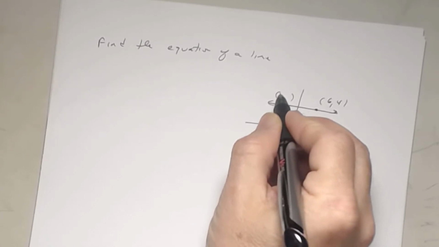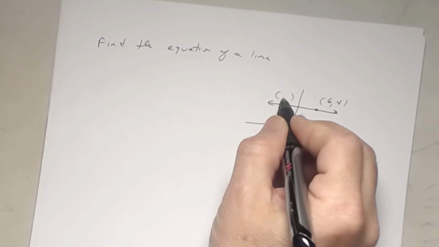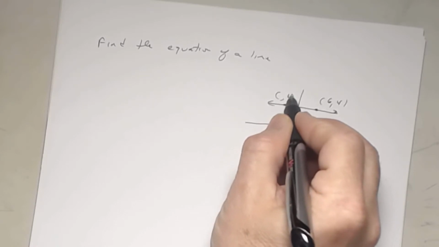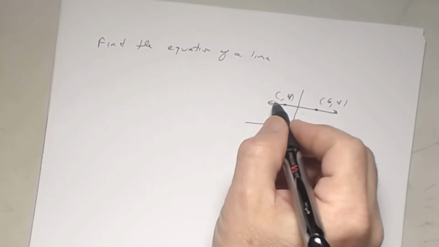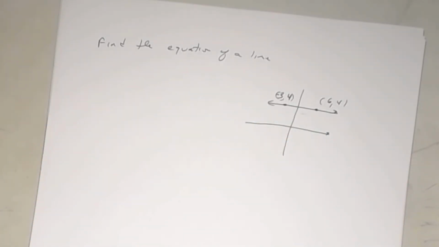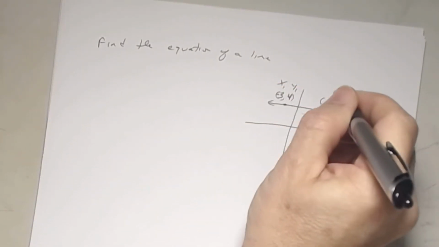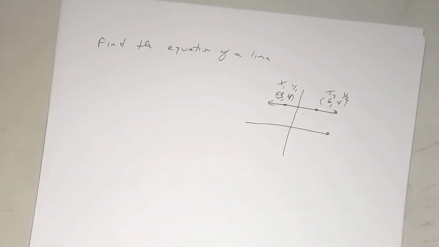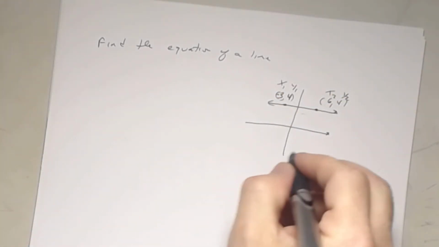The y coordinate. So the y coordinate is going to be 4, and the x coordinate, let's say, is -3. You all agree? If you have a horizontal line, notice that the y coordinates are the same. So this is my x1, y1, x2, y2.